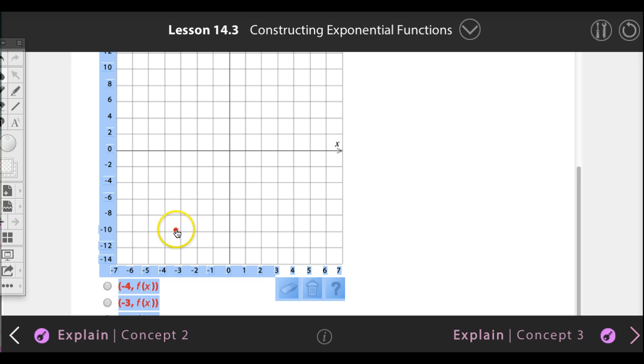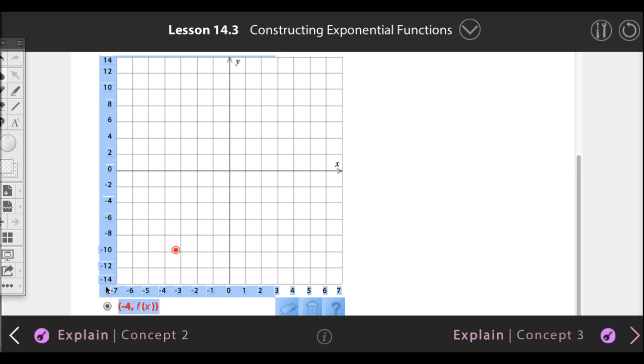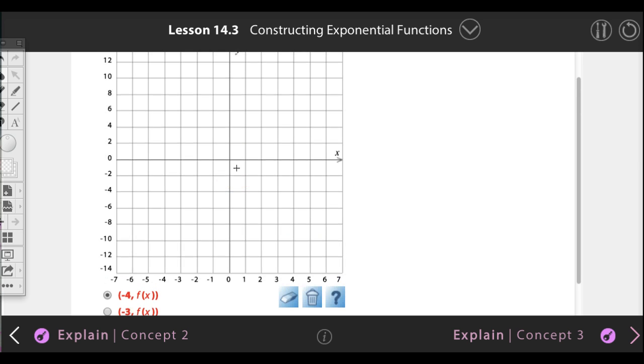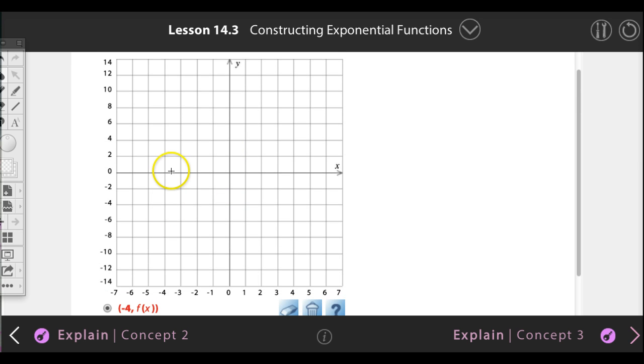Yes. No, I can't. I don't know how to use this, guys. So let me just go ahead and click, delete. Maybe I should have done click and then at -4 comma close to 1. I should just kind of like put it there.